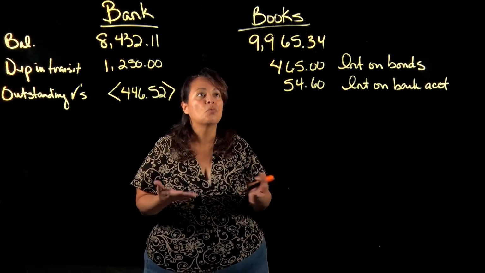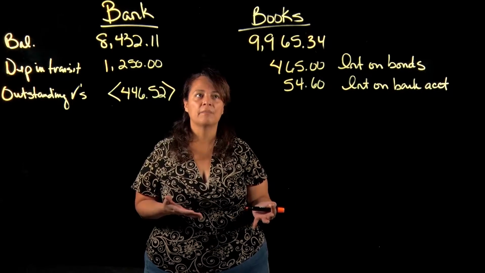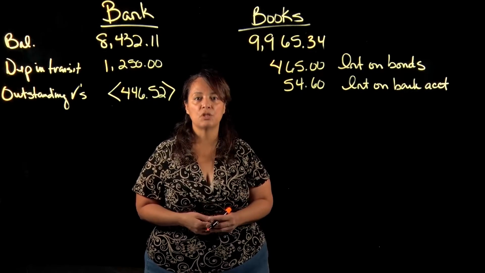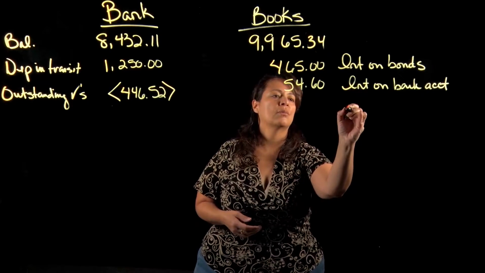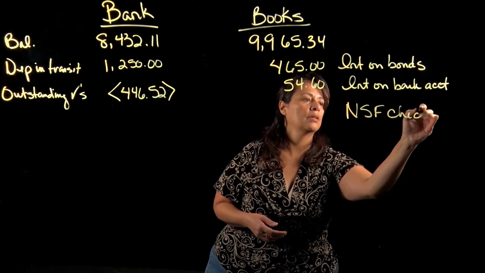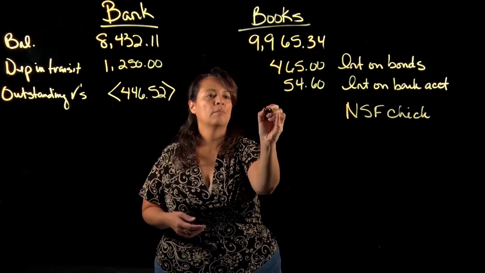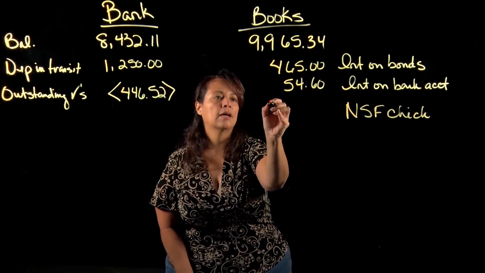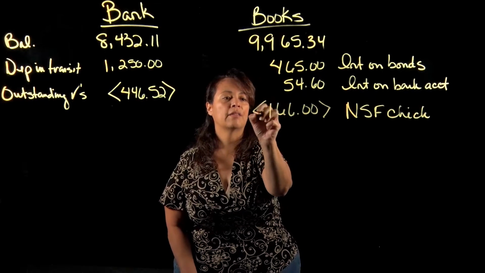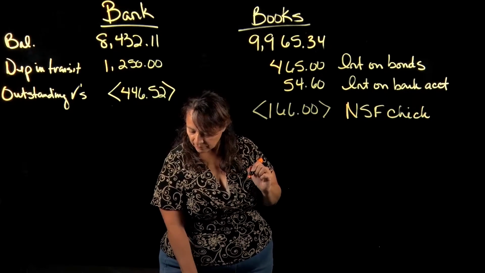All right, so what kind of an adjustment do we need to make? We actually need to subtract that amount from our company's books and records. So here we say non-sufficient funds check from a customer, and that amount was $166, and we need to subtract that amount. All right.